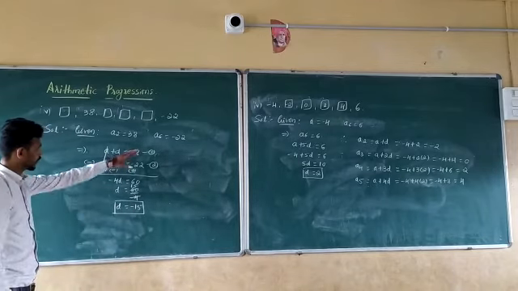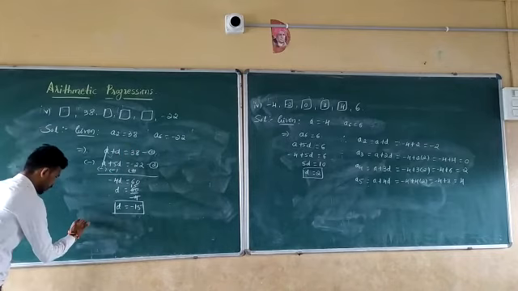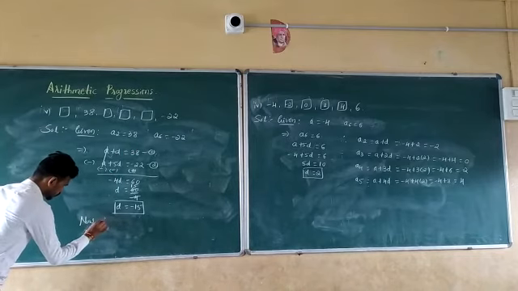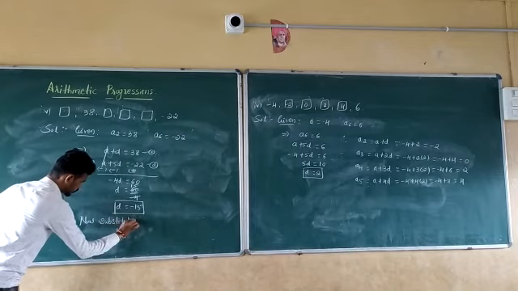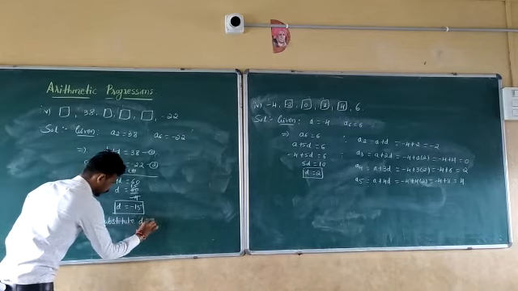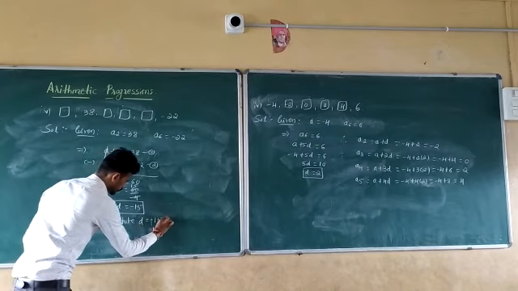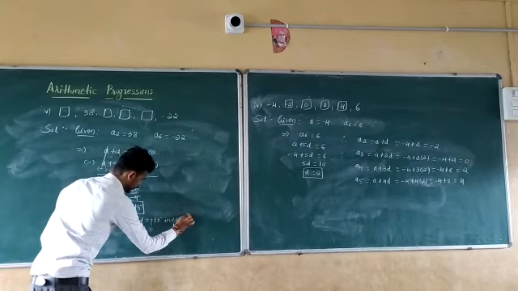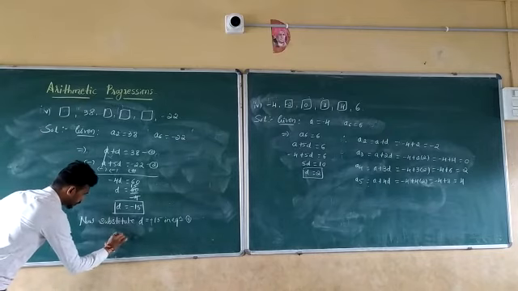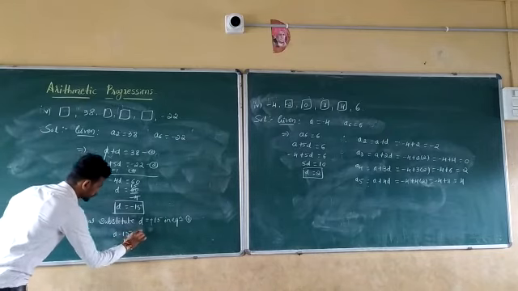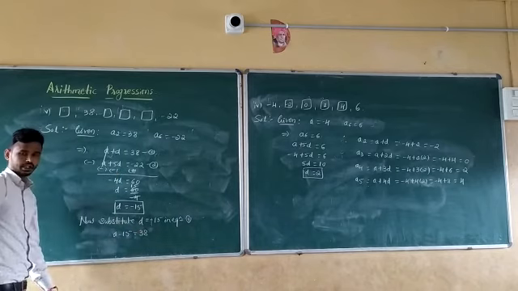Substitute this value in any one of the equations. Now substitute d equal to minus 15 in equation 1. A minus 15 is equal to 38.